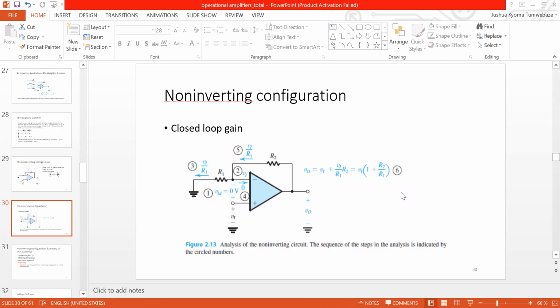Yes? You've got it. Okay. So this is our non-inverting configuration. The gain G is simply 1 plus R2 over R1.